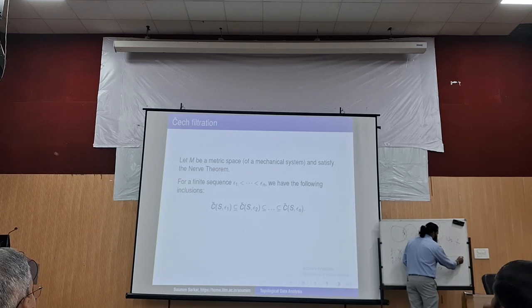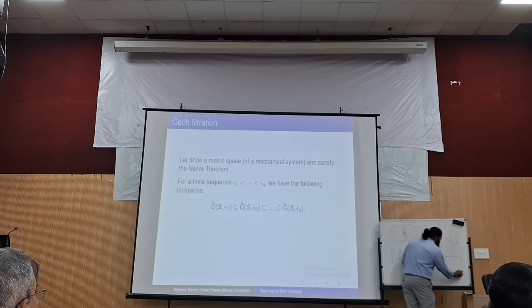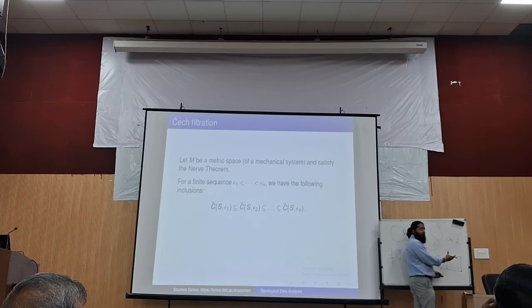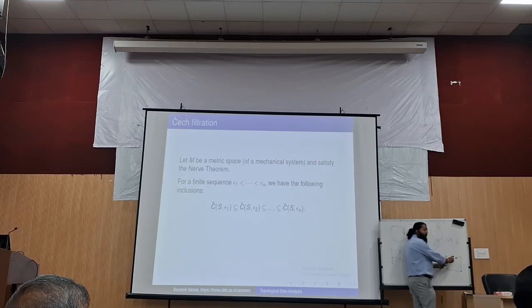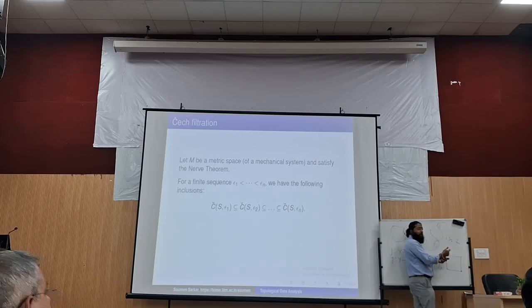Suppose the shape of the data is like this. So how to get it? We will get this using the Čech complex for computational purposes. But if we take the neighborhoods, then what will we get? It will fill up. We will get something like a tetrahedron. But we should not go up to that.